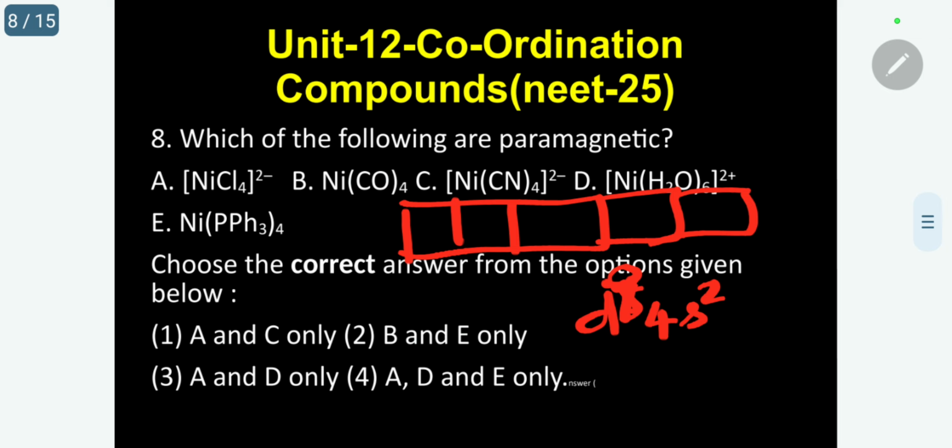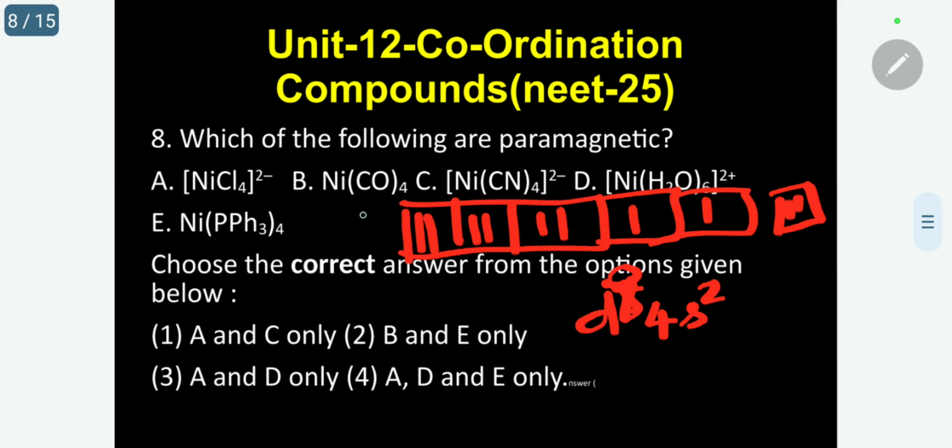This is a neutral ligand, so d8 is filled, and 4s also filled with 2.